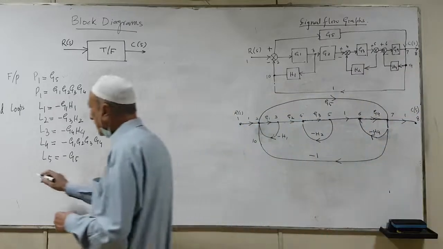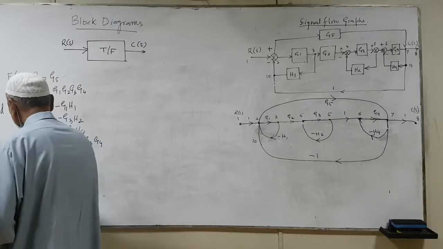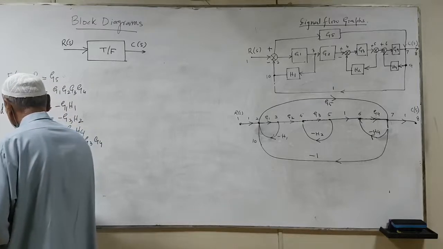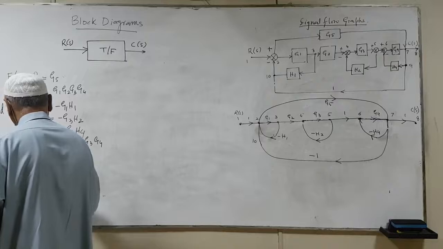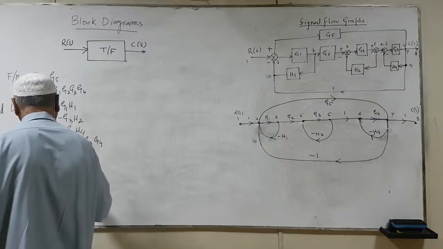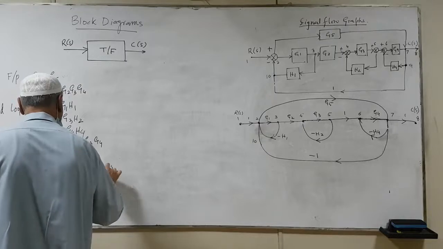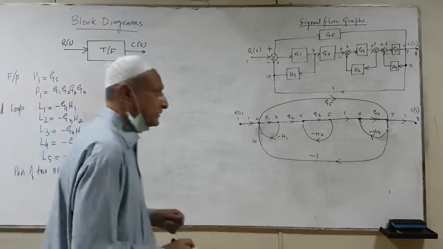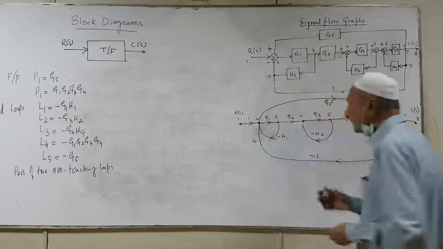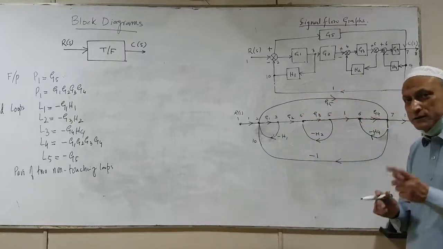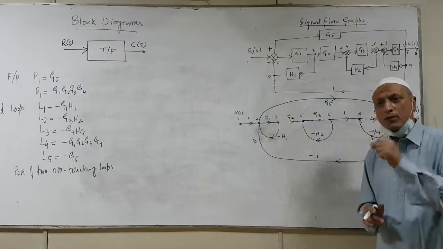Now let's have the pair of two non-touching loops. Now which two loops are non-touching? Non-touching means there shouldn't be any node in common.